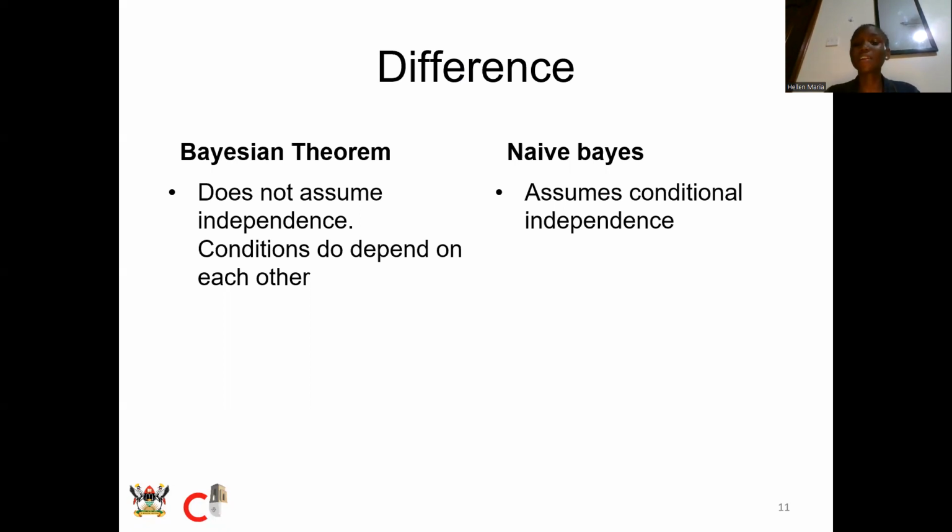If the color changes, it will not affect the radius. That's naive Bayes. There is independence. And then in Bayesian theorem, remember, we are predicting the outcome of an event given the information we have of another. So there is that bit of relation between the two things. So that's the main difference between the Bayesian theorem and the naive Bayes theorem.